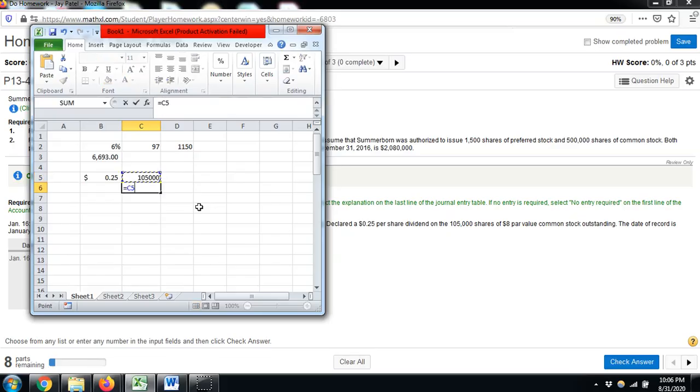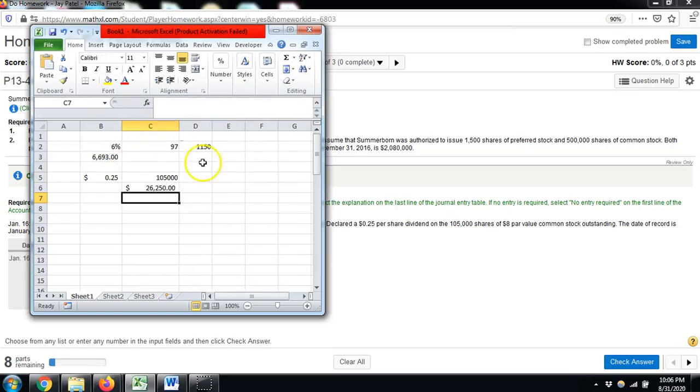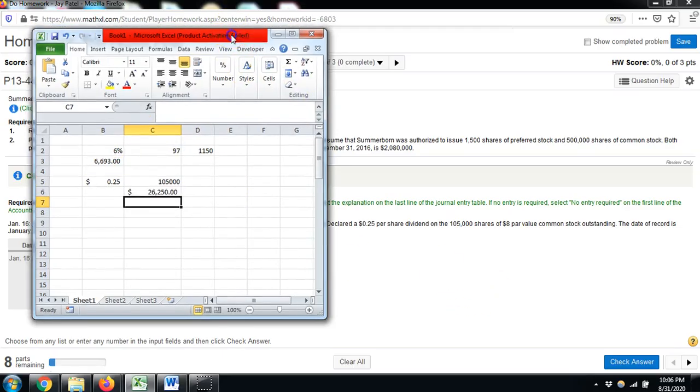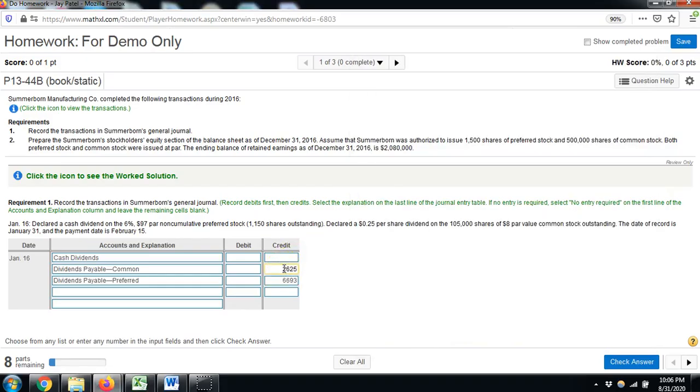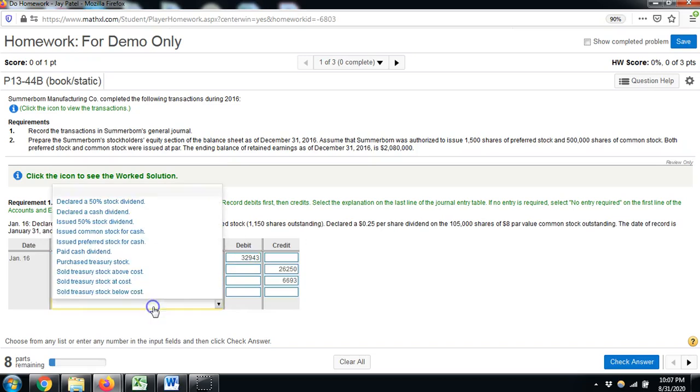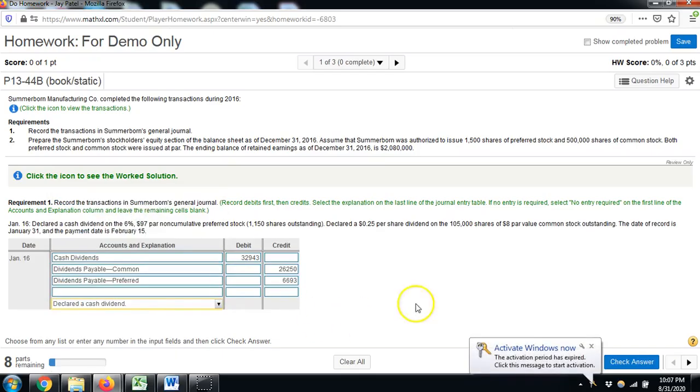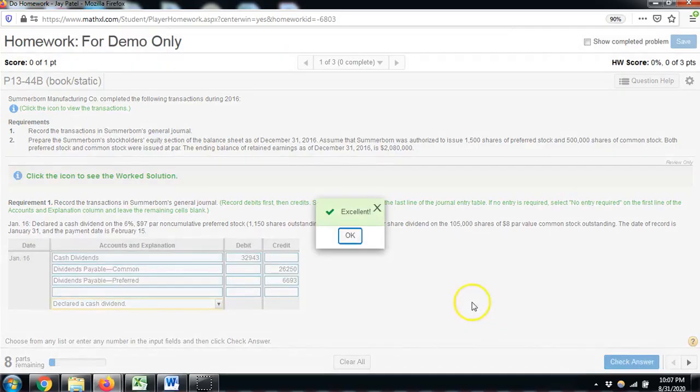So when we multiply these together, and so we will add these up. And we declared a cash dividend is our memo. Okay.